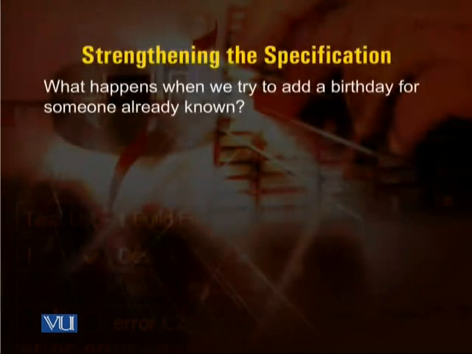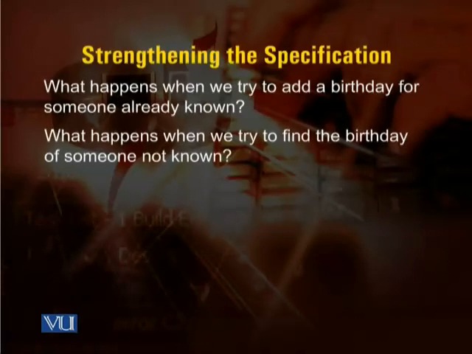The question that we have, what happens when we try to add a birthday for someone which is already known? And what happens when we try to find the birthday of someone not known? Remember, in our previous two schemas that we saw in the last lecture, add birthday and find birthday, there was a precondition.